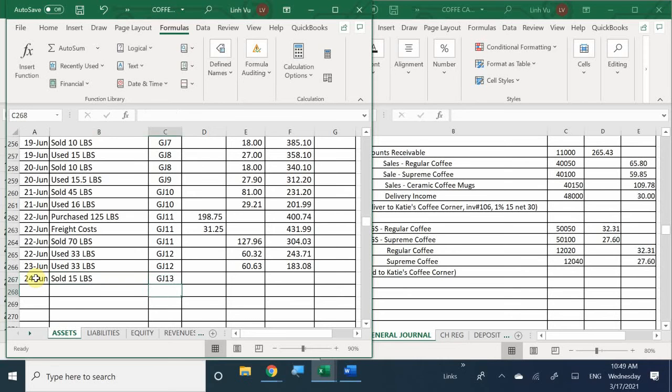General Journal 13 for $27.60. So what's my ending balance? 155.48, which is exactly what we solved for in our inventory worksheet. So good. Excellent. What else do we need to do?